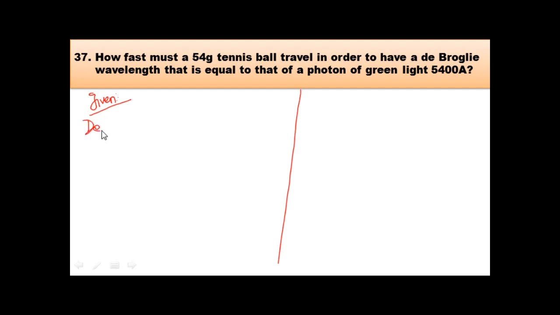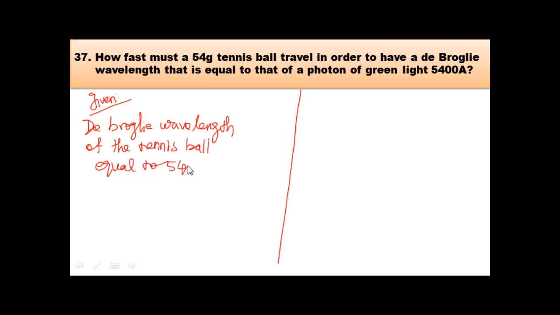The de Broglie wavelength of the tennis ball is equal to 5400 Angstrom. This is equal to 5400 into 10 power minus 10 m.